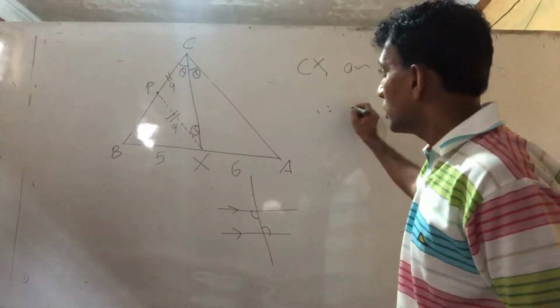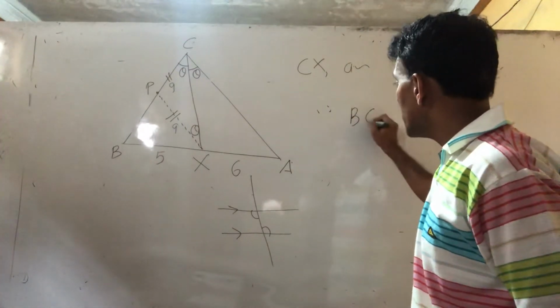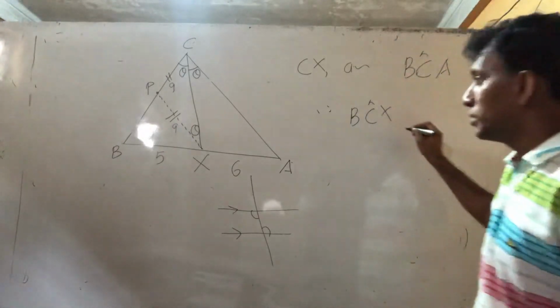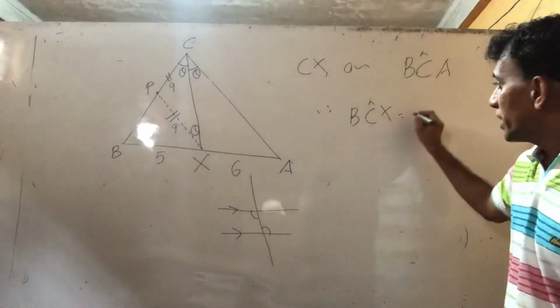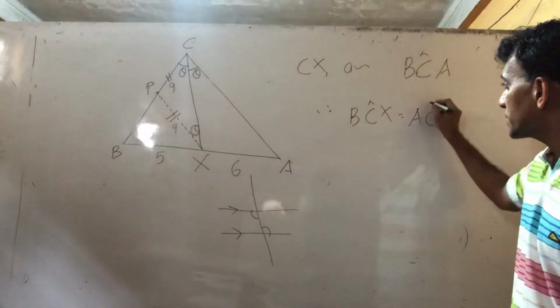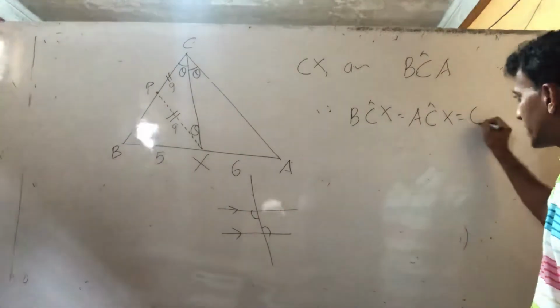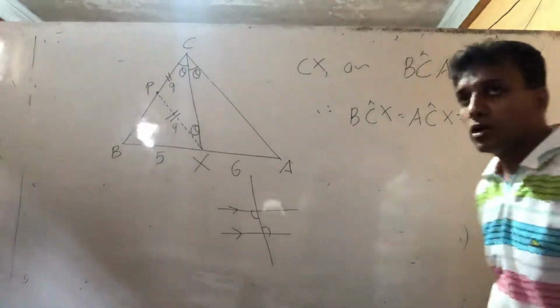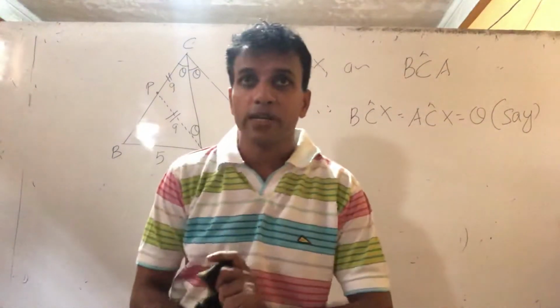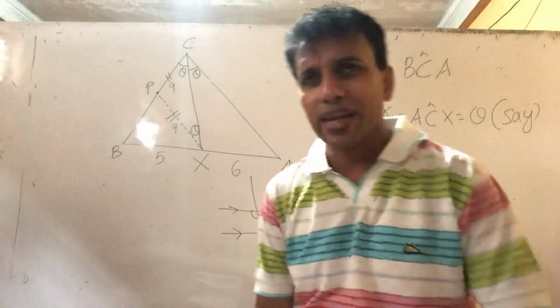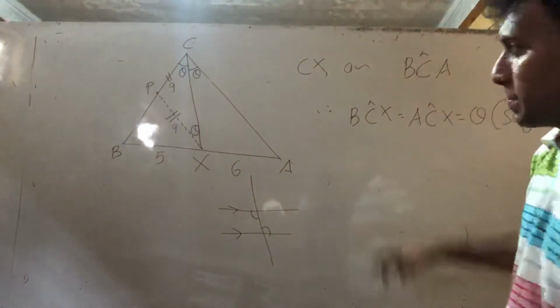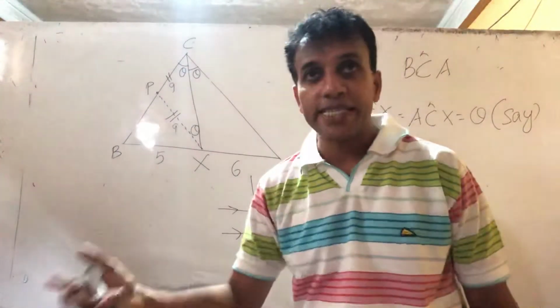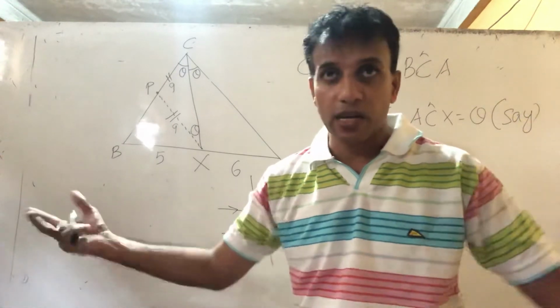Therefore angle BCX equals angle ACX. I say theta. You know theta from grade 10, when you learn about 360, theta, pi r square, 2 pi r. Later in trigonometry you get sine theta, cos theta, tan theta, a lot.